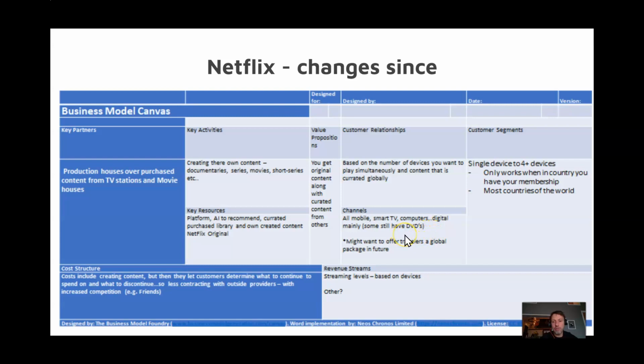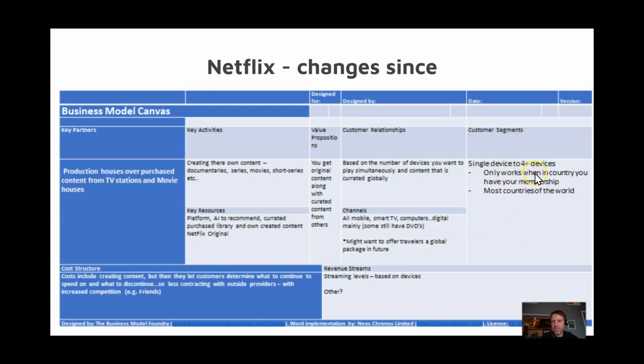There are still some DVD rentals that go on. You might want to offer travelers a global package in the future. This is a little note that I made, something that I think would be helpful as someone who travels outside the US. When I travel, I can't use my account because it's linked to being inside the US. And then customer segments.